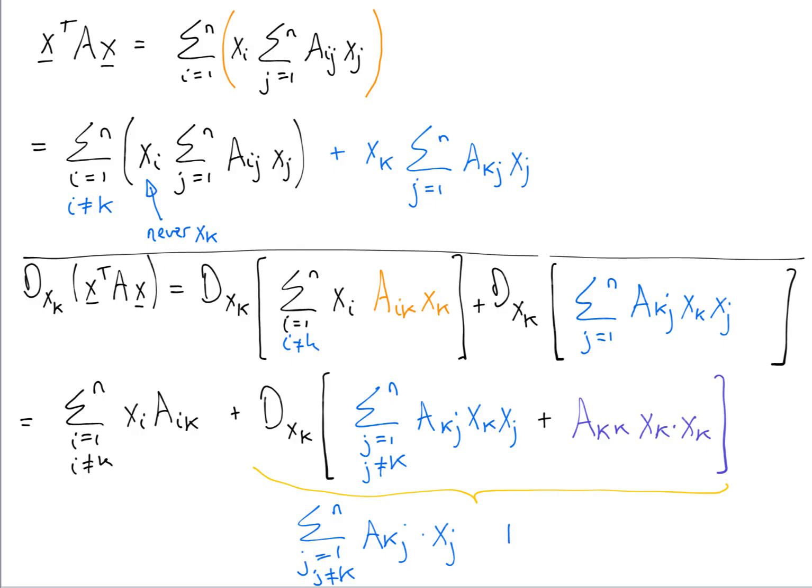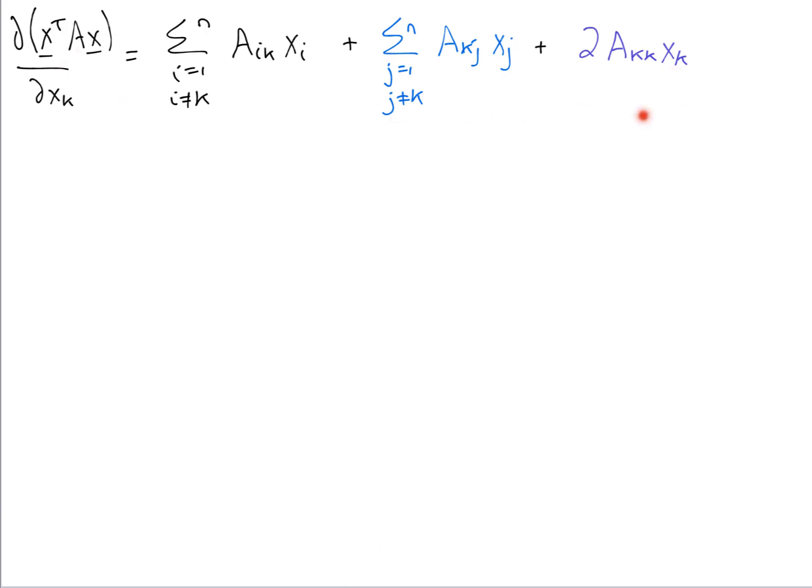And then for the second term, we notice that we have an xk squared times a constant. We know the derivative with respect to xk of xk squared is 2xk, and so we get 2 a_kk xk. And we now notice something very nice about how this term relates to these two terms.